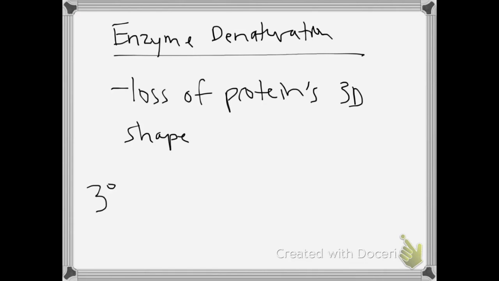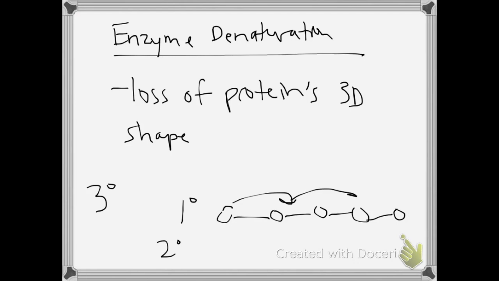it was that tertiary structure. So primary structure is not going to get affected because it's just this string of amino acids. Secondary structure is not going to get affected because these interactions are still holding it together to be this nice helix.